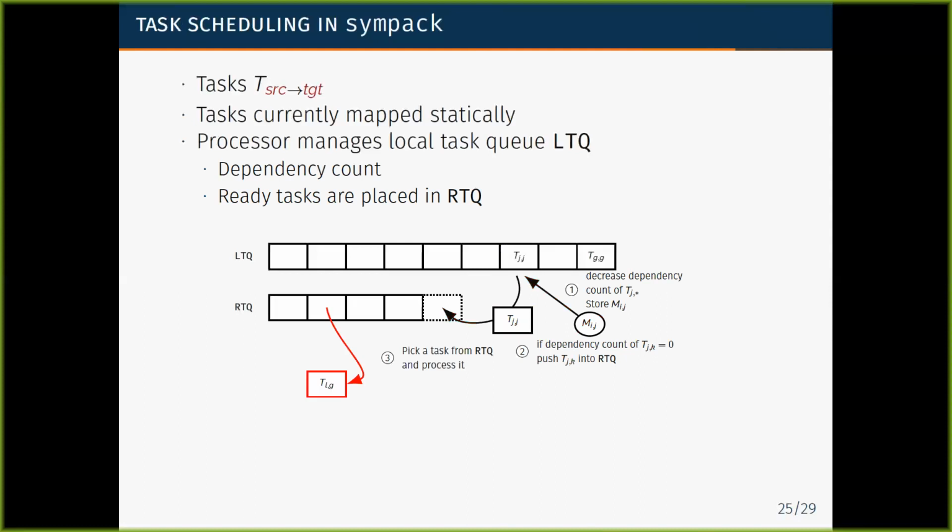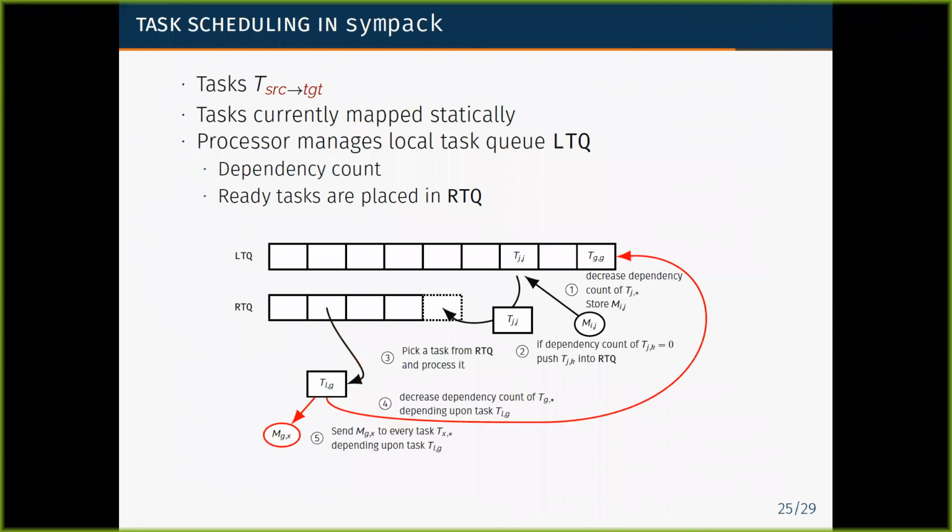And the ready task queue is just processed with some policy. You just pick a task. You know that all the dependencies have been satisfied. You pick that task, you execute it. That task may communicate, so it may update a task on remote processors by sending a message, or update a local task by updating its dependency count. So the idea here is that we exploit asynchrony through the management of this ready task queue.